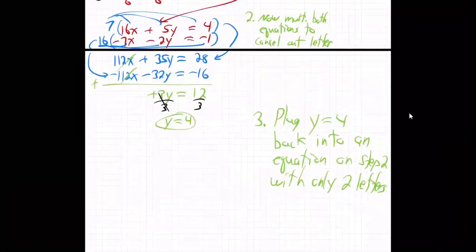So we're not really ready to go all the way back to the beginning to those equations that had 3 letters. That's not going to work right now because I've only got 1 answer. I'll do that in a minute once I've got 2 answers.